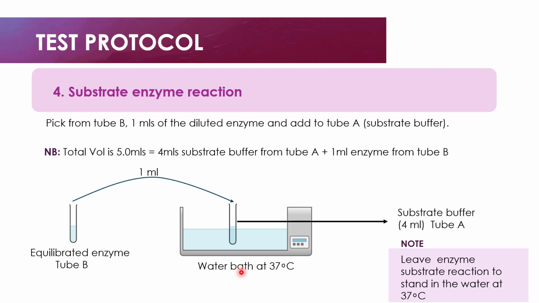Another thing to note is that the total volume of our reaction mixture will be 5 ml, because we added 1 ml of the equilibrated enzyme to 4 ml of our substrate buffer. So the final volume of the reaction mixture is 5 ml.